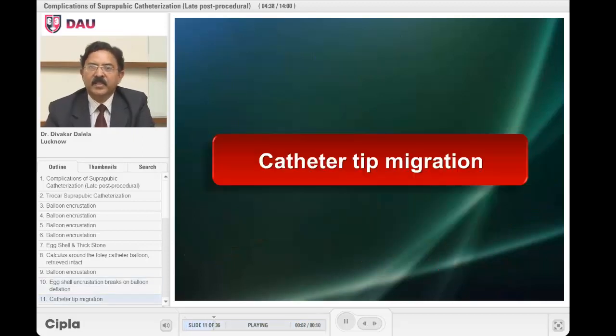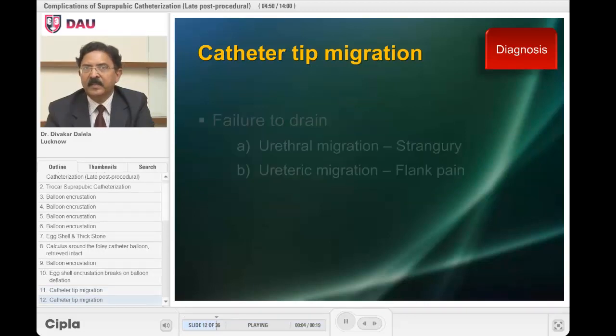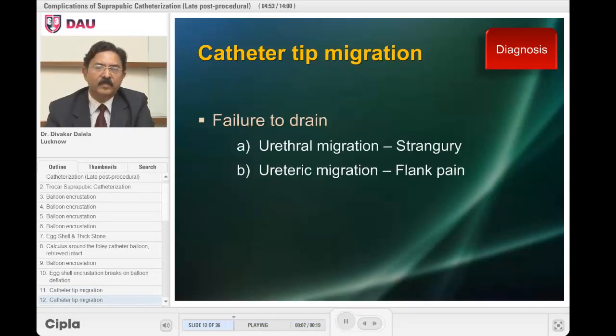The second complication that can sometimes happen, anytime in fact, is called catheter tip migration. How do you diagnose that the catheter tip has migrated? The tip may migrate to the prostatic urethra, and then the patient will start complaining of strangury, or the tip may migrate into the ureteric orifice, and in that case the patient will start complaining of flank pain.